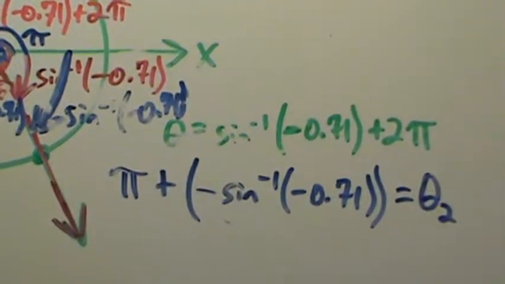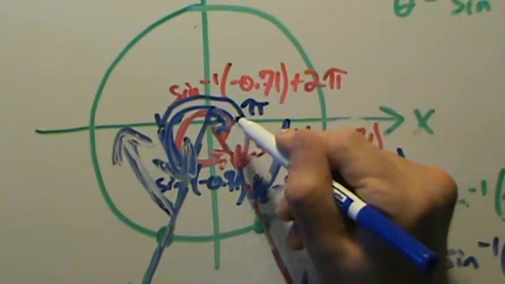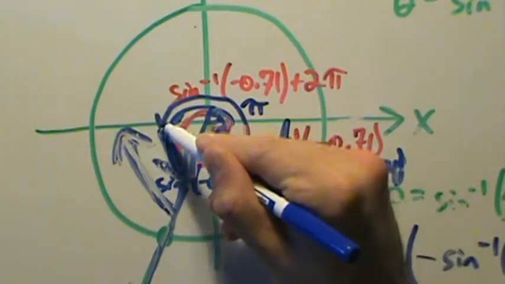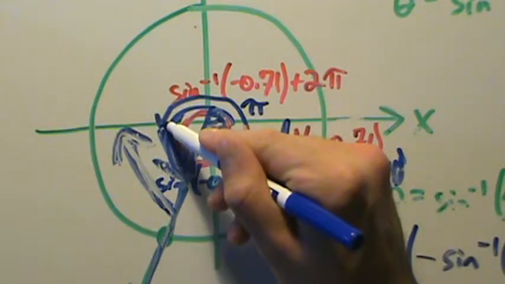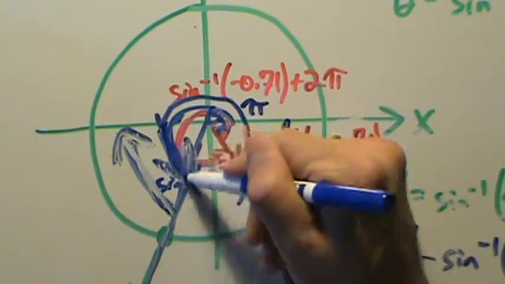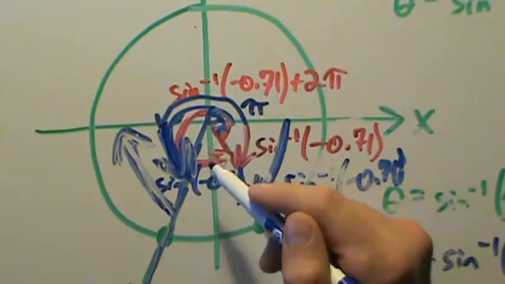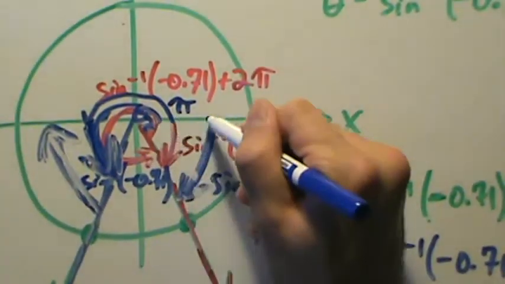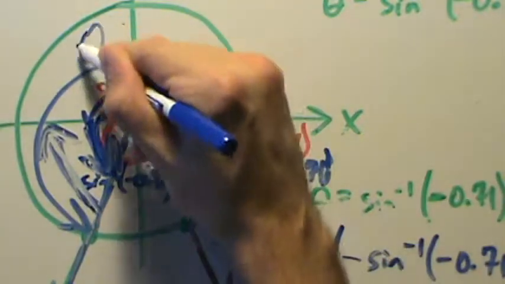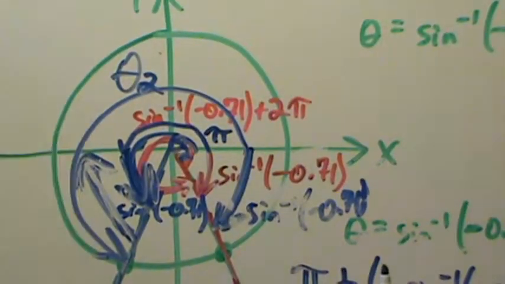So again, if we start here at this angle of 0, go around pi, it's going to put us here, and then add this angle here, which is negative inverse sine of negative 0.71, then that's going to give us this angle here that we want, which again, we call theta sub 2, theta with a subscript of 2.